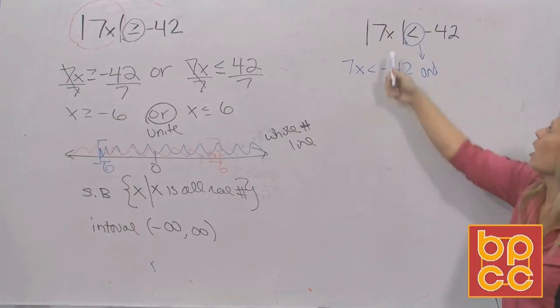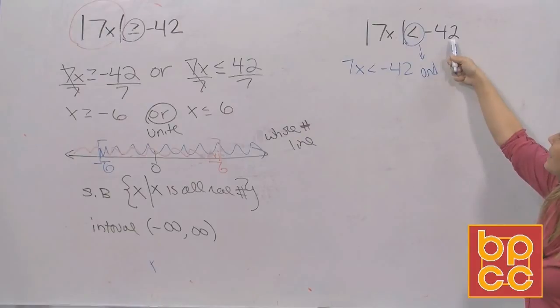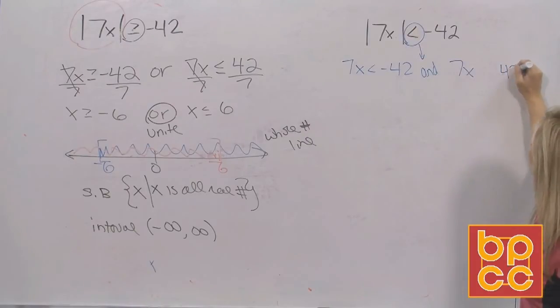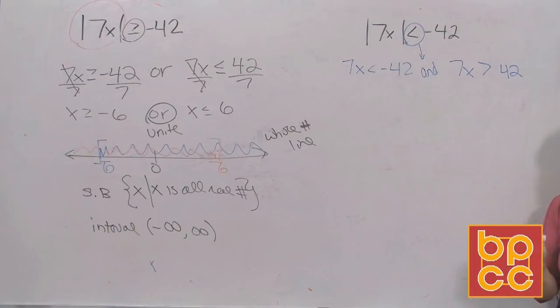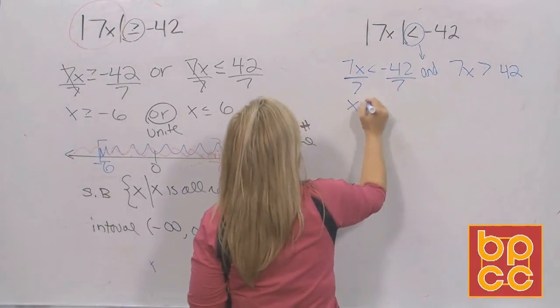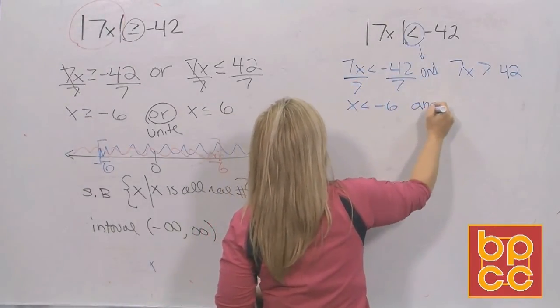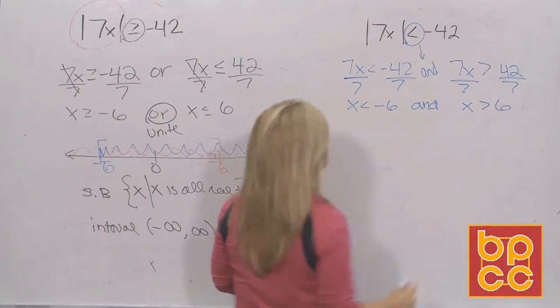The second inequality, we leave what's inside the absolute value. We're now going to make that the opposite direction. We're going to make it positive 42, so we reverse the symbol. So the procedure works. You take an absolute value, you make two inequalities. You solve them. X is less than negative 6, and x is greater than 6.